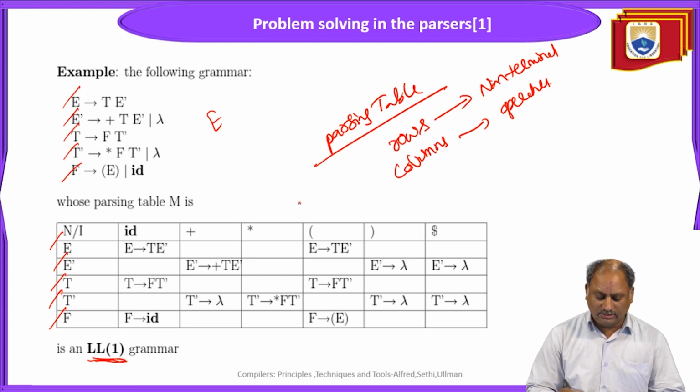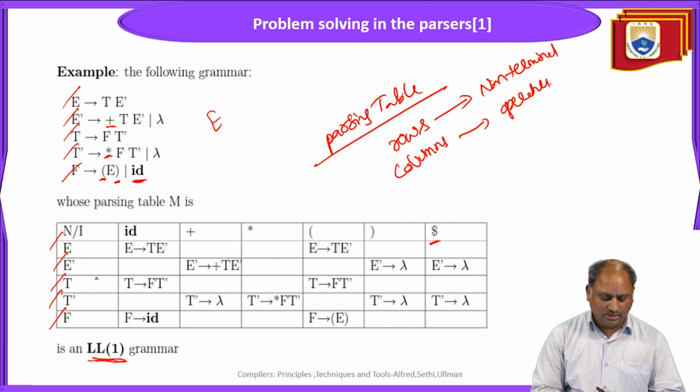Whereas column wise, we have to represent the plus operator, star, left parenthesis, right parenthesis, and we have to include a dollar also, representing the end of the string, and ID. So these are the remaining symbols, since the non-terminals are already counted. So inputs and then non-terminals.